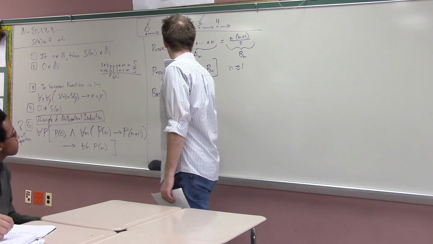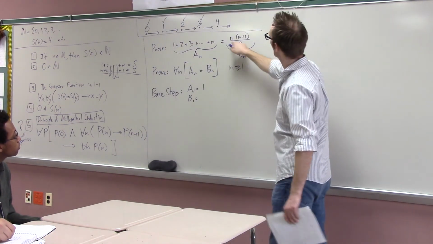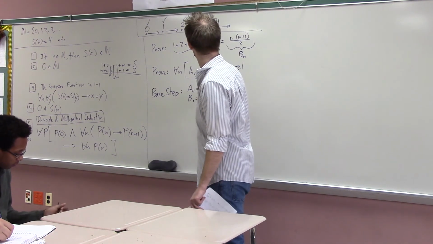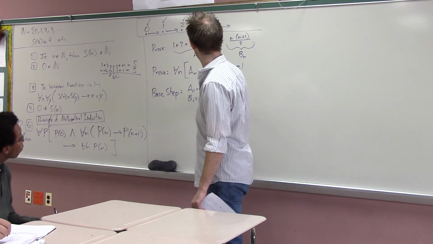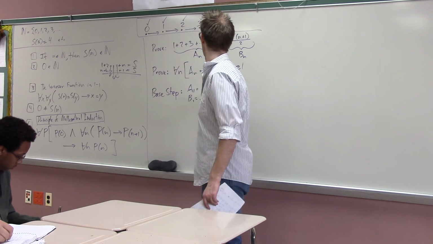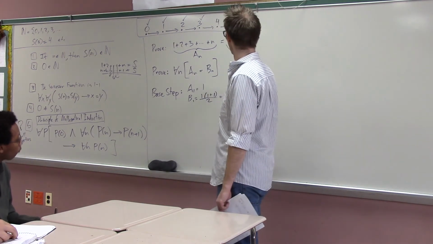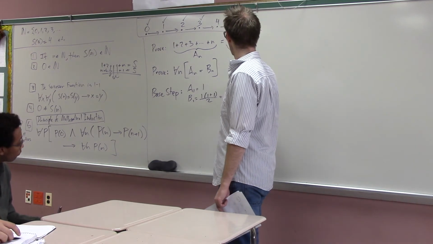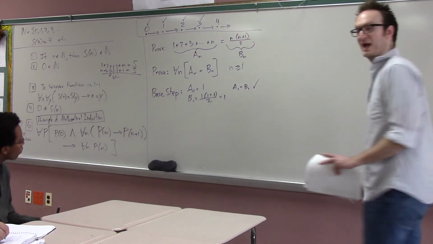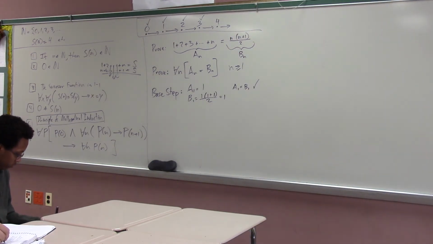What is b sub 1? Well, b sub n is just a formula which says take the number times 1 plus that number, over 2, and what is that? That's also 1. And so we have that a sub 1 equals b sub 1, check. In other words, I've verified that this formula is true for n equals 1.